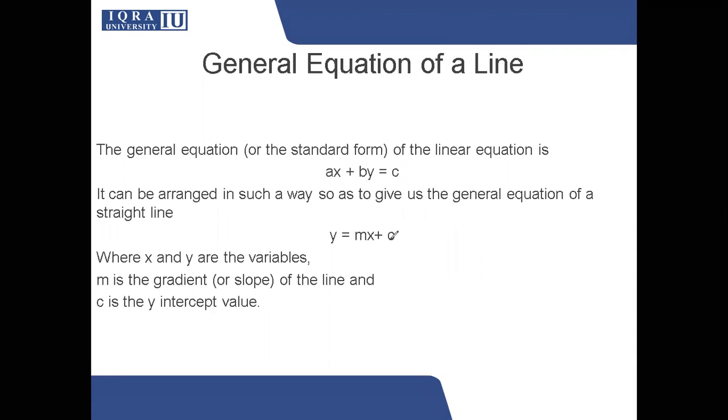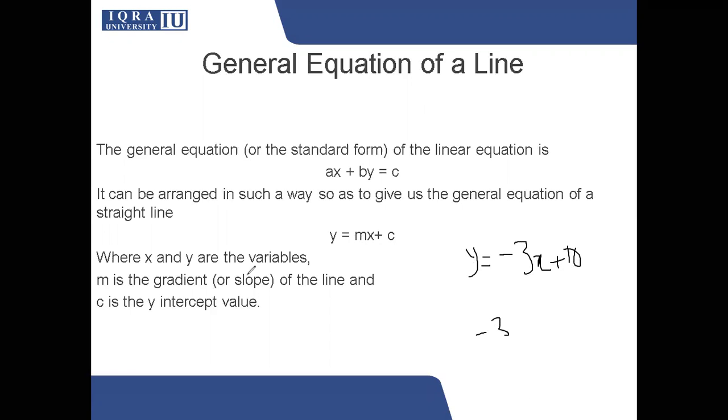So I hope you realize the importance of this form y equals mx plus c. If I can write any equation in this, let's suppose if I have something like y equals minus 3x plus 10, right? So in this case, my m will be minus 3 and my c will be 10. That means my line has a slope of minus 3.